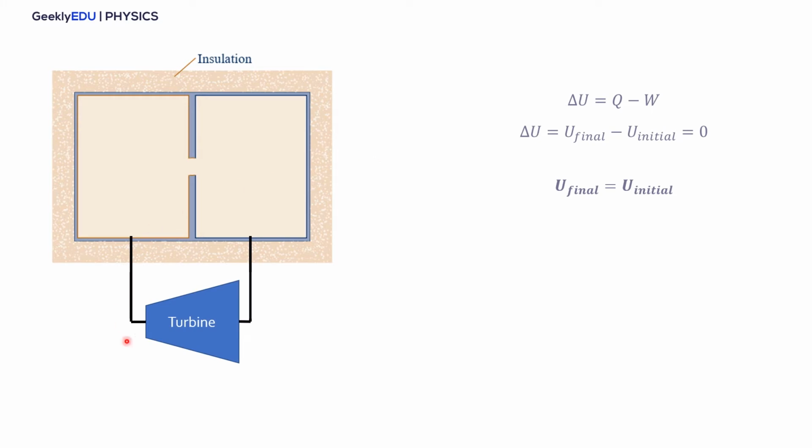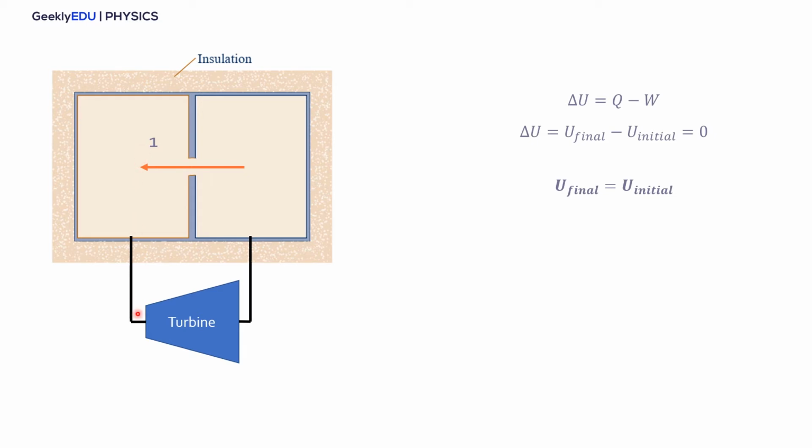Let's attach a turbine. So we want to try to create a cycle here in order to produce some work, right? So, in order for the gas to expand in the turbine, we need to do this first process where the gas goes from this half to this half.